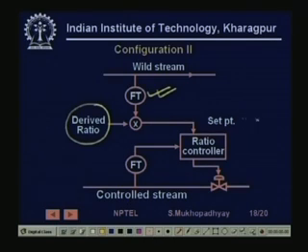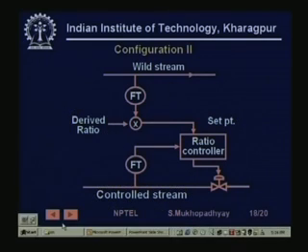So in that sense, it is a set point for the flow rate of the controlled stream. Using this, you are providing a set point, and then it is the usual feedback control. So you could do it in either manner and get the ratio.